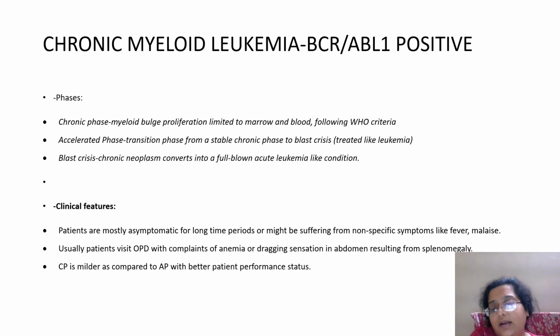So we all know that chronic myeloid leukemias are a part of something known as myeloproliferative neoplasms. In WHO, the chronic proliferative group of neoplasms has two categories: either MPN or MPN/MDS, that is, myelodysplastic syndrome with MPN, or just myeloproliferative neoplasms.